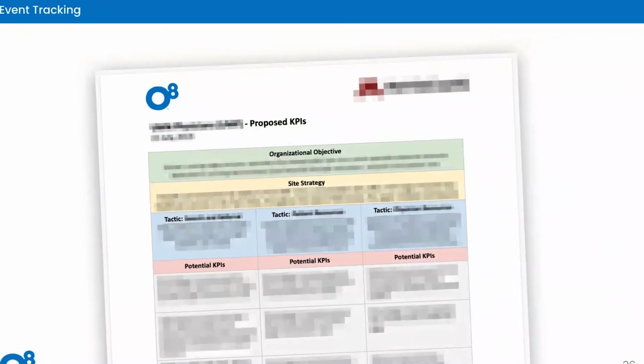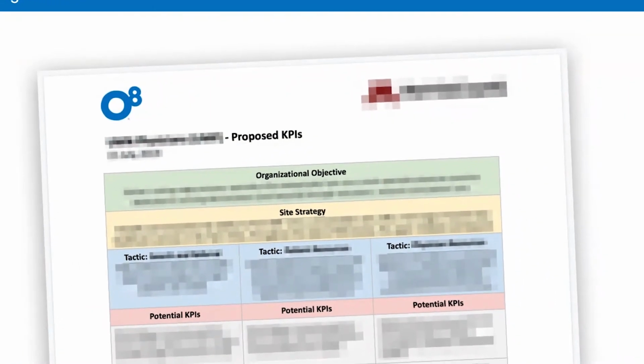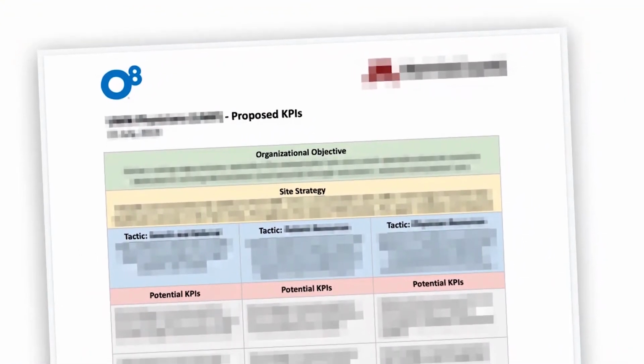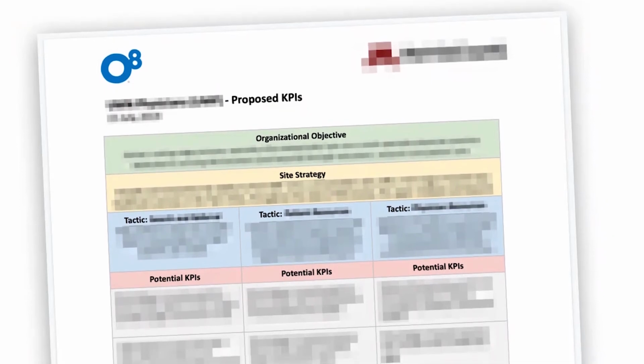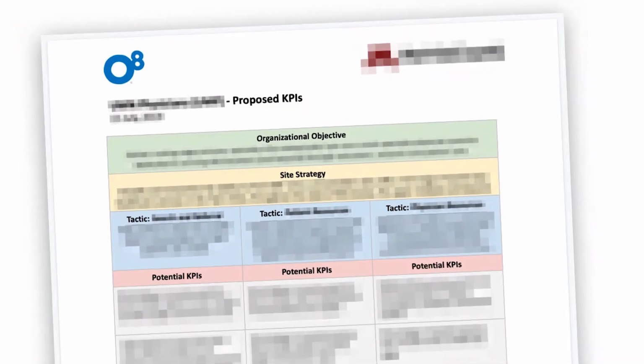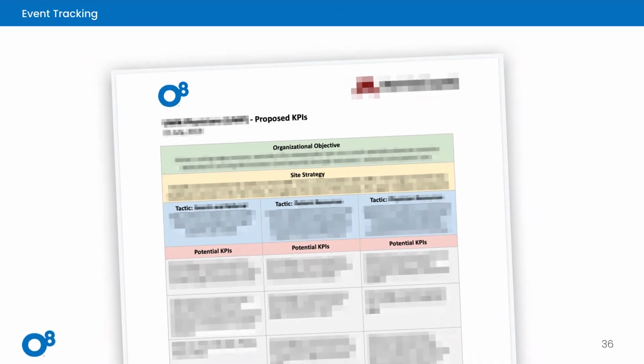The first step in doing this is establishing KPIs. Here you can see an example of our KPI document that we use with our clients. We use this to differentiate between our macro and micro conversions and help us to identify metrics and things that will be helpful for diagnosing any issues that these KPIs may surface.